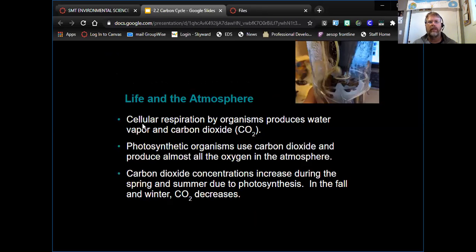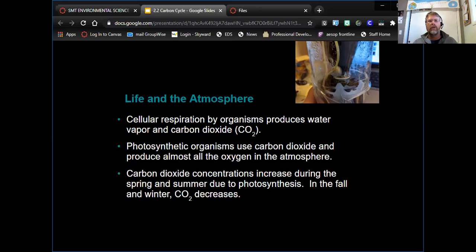When we look at cellular respiration by organisms, the cells inside your body are taking in water and carbon dioxide. More importantly, plants are taking in a great deal of carbon dioxide, and your cells are giving off carbon dioxide.